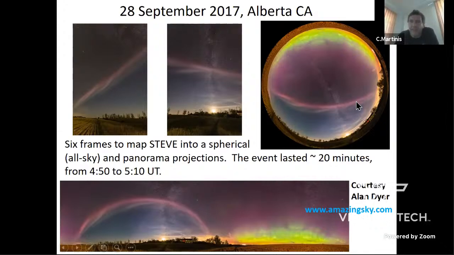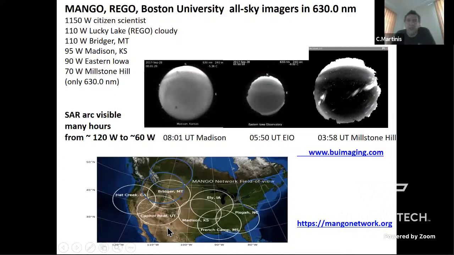The point here is you see a very nice Steve with aurora to the north. And this is another view, a rectangular view with a nice moon here to the south and the Milky Way. On this night, here on the bottom, you see the network of Mango all-sky imagers in white, and I added 3 additional fields of view.